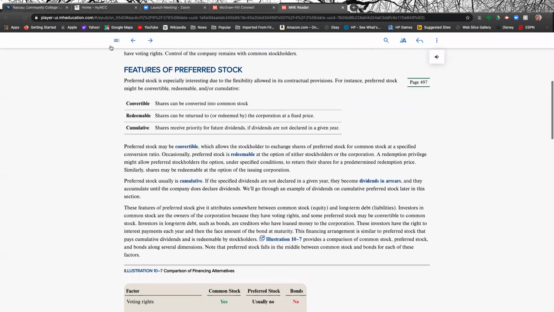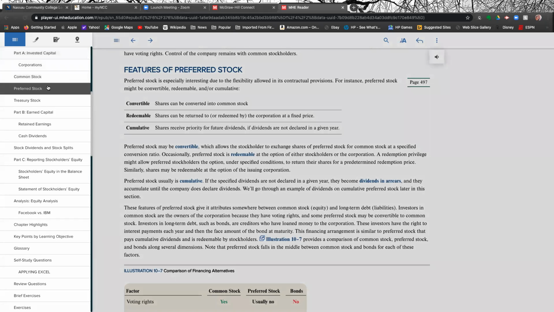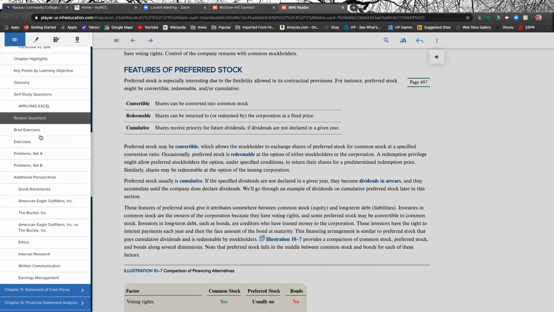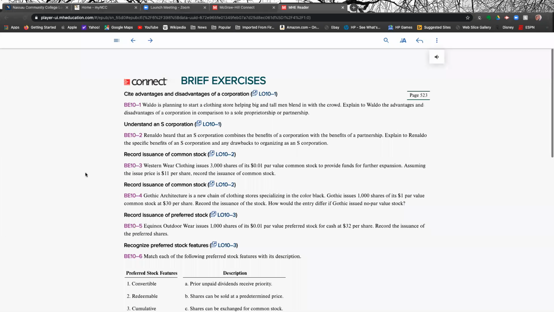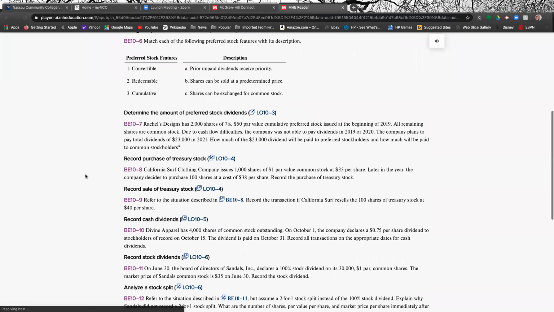Now, I wanted to do another one of these brief exercises with you. Let's see, which one was it? Number 7, brief exercise 7. Rachel's Designs has 2,000 shares of 7% par value cumulative preferred stock issued at the beginning of 2019.